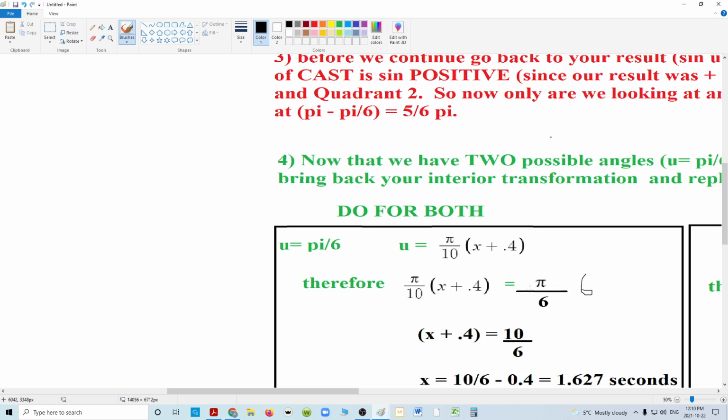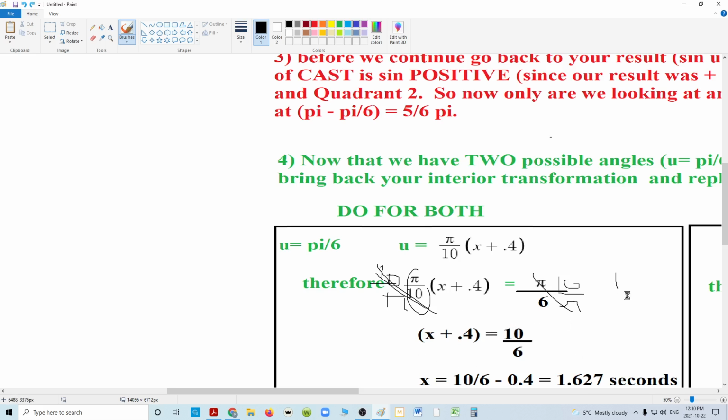I've got to get x all alone, so I have to multiply by 10 and divide by pi. Or I could just multiply it by 10 over pi, the reciprocal, to get rid of it. The pi's cancel, and I'm left with 10 over 6, which is the same as 5 over 3. So I'm left with this.